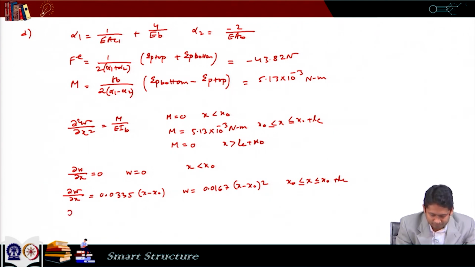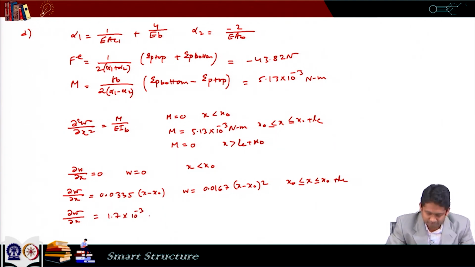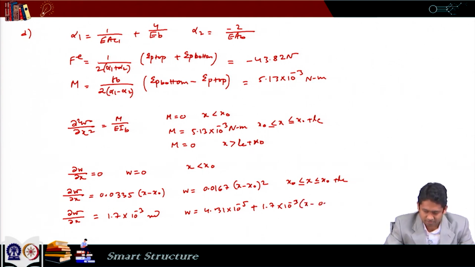In the last region, del W by del X is equal to some constant, in radian, and W is equal to 4.31 into 10 to the power minus 5 plus 1.7 into 10 to the power minus 3 times x minus 0.1016. These values are in meter; the slopes are in radian and the displacement is in meter.